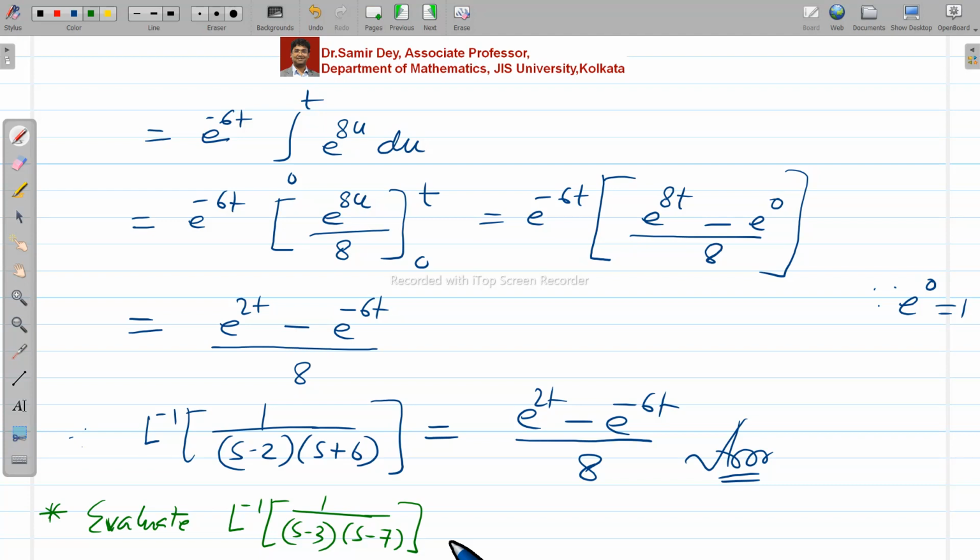Okay, so your answer will be, if you can check it, your answer will be e to the power 7t minus e to the power 3t by 4.